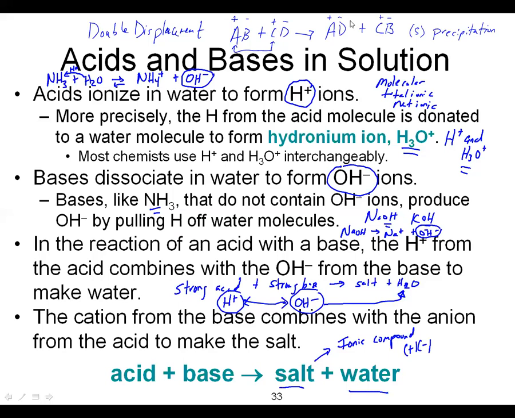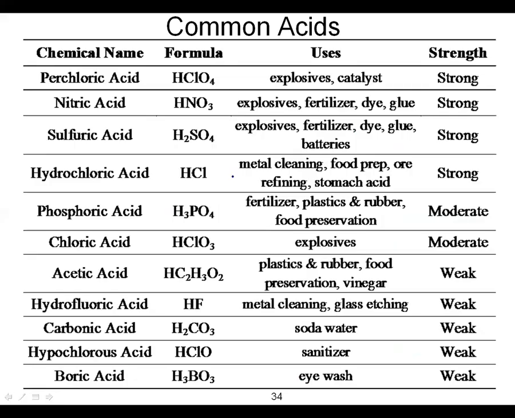So another type of double displacement reaction is an acid-base reaction, or an acid-base neutralization reaction. And really, we can kind of see how this reaction looks, but just for your own purposes here, these are some strong acids and some weaker acids.